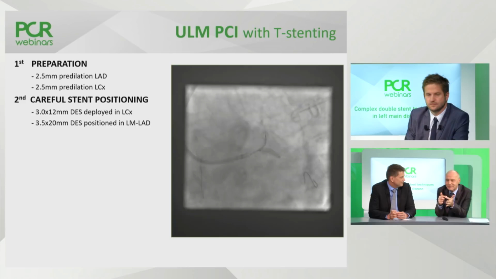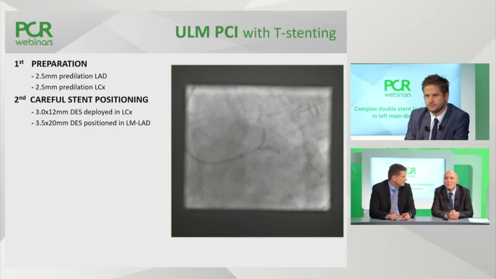If you can survive with T-stenting, with minimal protrusion, yet cover the whole circumflex ostium, then of course this will be T-stenting. If you have to pull it back more in order to fully cover the ostium of the circumflex, this will become mini crush. Okay, so the steps will be similar, but it's just a matter of how much you protrude.